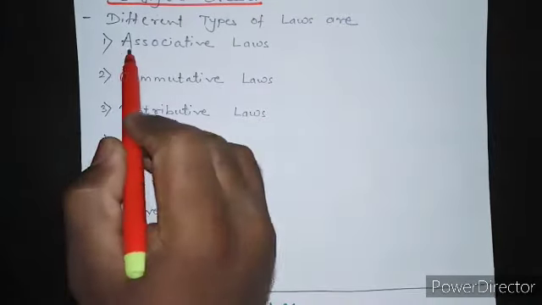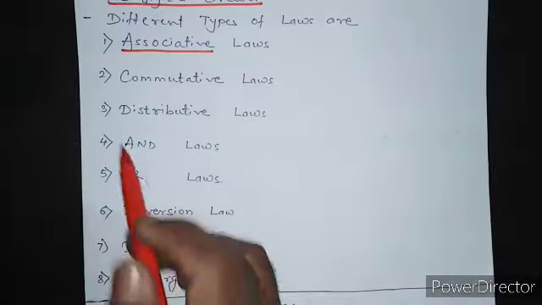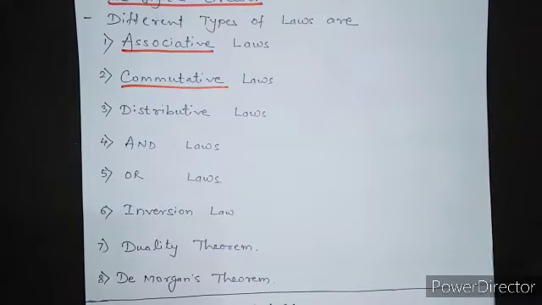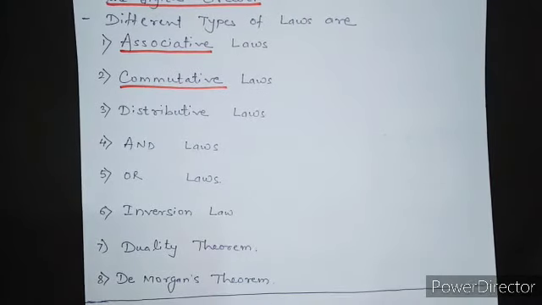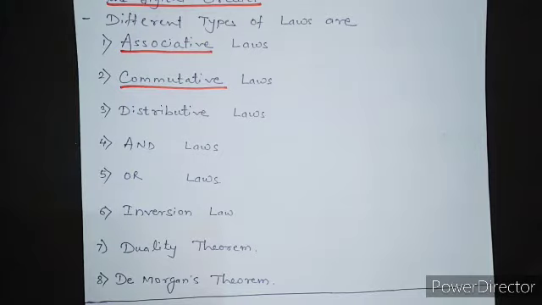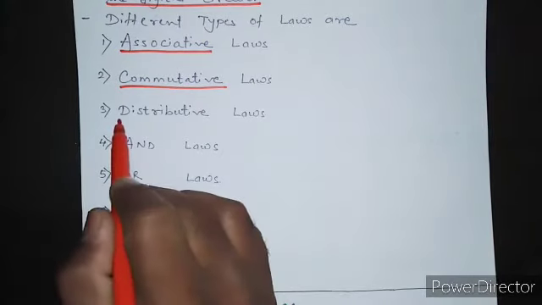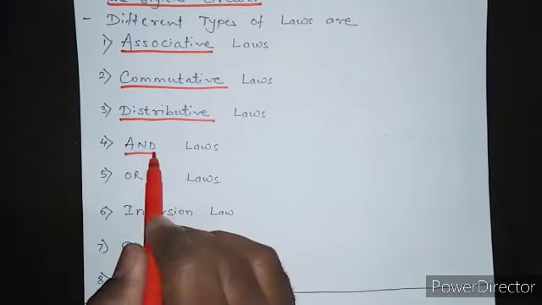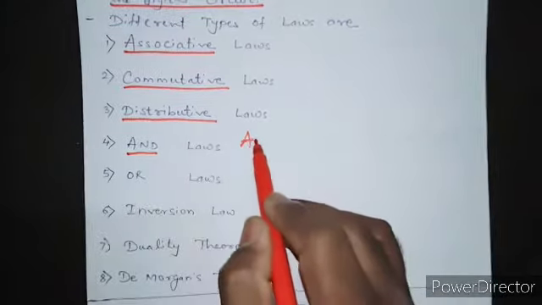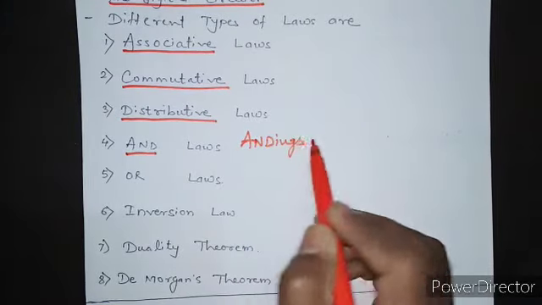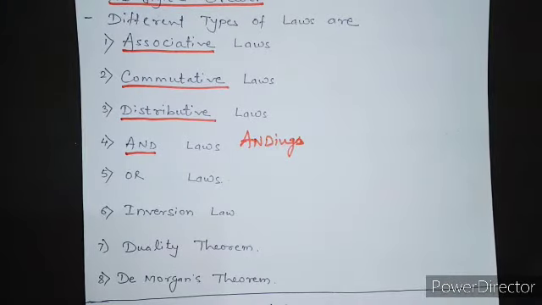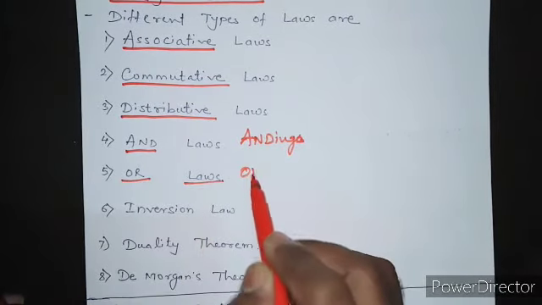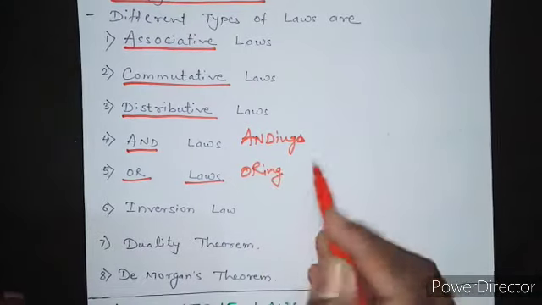Okay. So first is associative law, commutative law. Now I'm just going through what different laws we have. In a while we'll look at each of these laws one by one. Then we have distributive law, ANDing laws, which can also be called AND laws, then we have OR laws, or ORing laws.